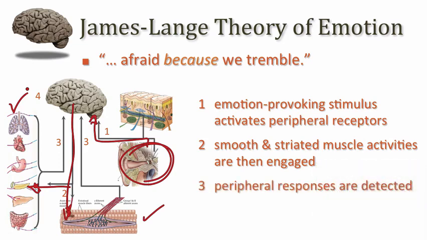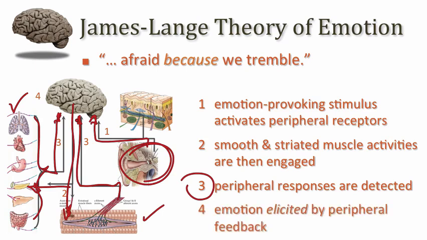That would lead to yet a secondary sensory event where peripheral responses of these effector systems would be detected and sent back on into our relevant sensory divisions of the brain, principally the somatic sensory cortex and our visceral sensory cortex in the insular regions. These would be integrated, and it would be the integrated perception of this secondary sensory feedback that triggers the emotion.